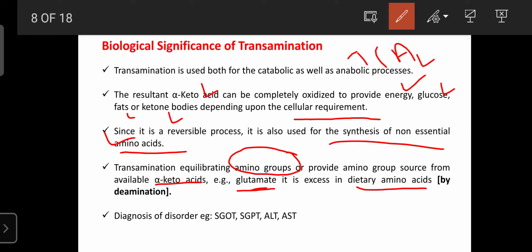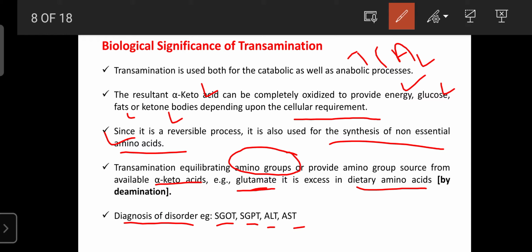So that was undergo the deamination. It can produce the amino groups, and it is also involved in the formation of urea. And what are the enzymes involved in the transamination reactions? Those are helpful for the diagnosis of various disorders, like SGOT, SGPT, then ALT and AST.